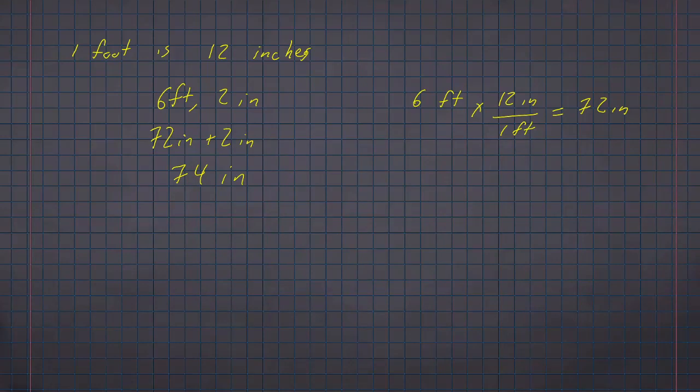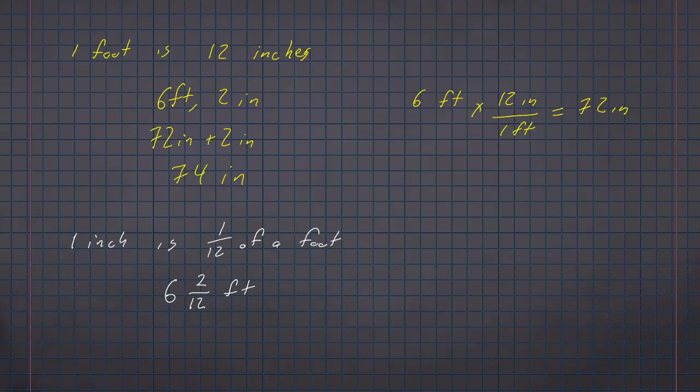Saying that 1 foot is 12 inches is true. But equivalently, we can say that 1 inch is 1/12 of a foot. And so 6 feet 2 inches is the same thing as 6 2/12 of a foot.